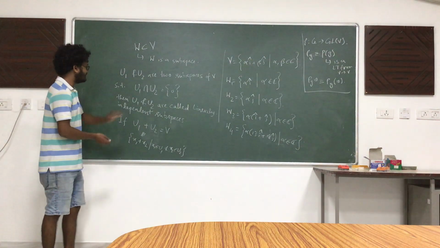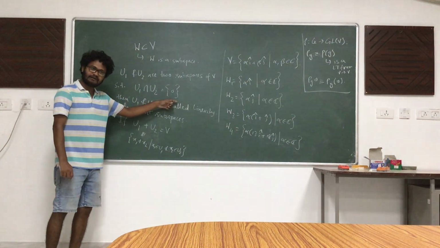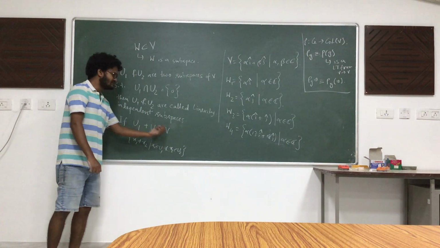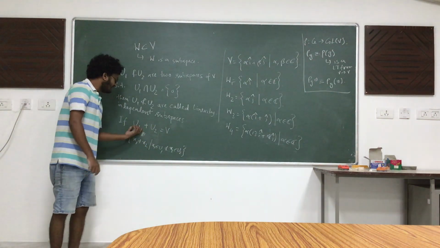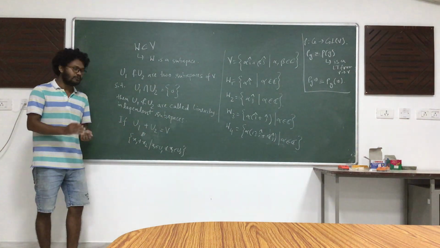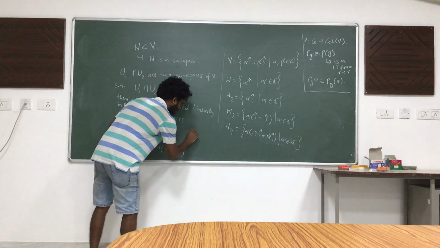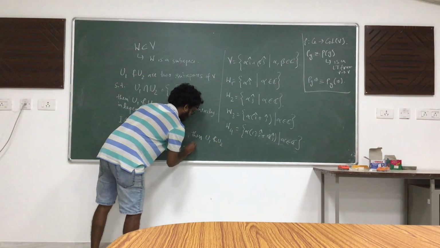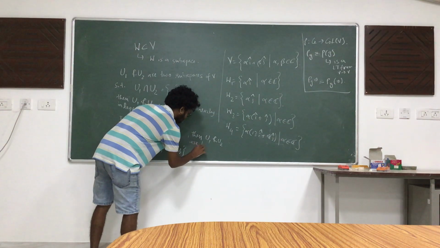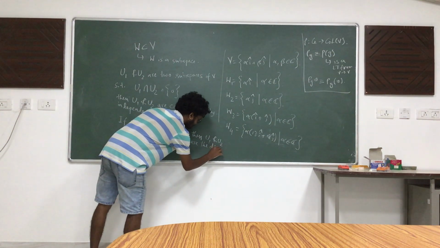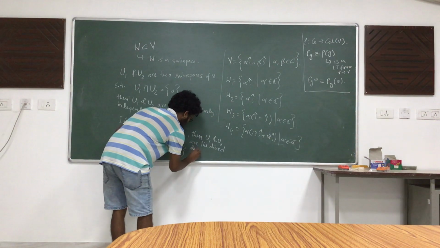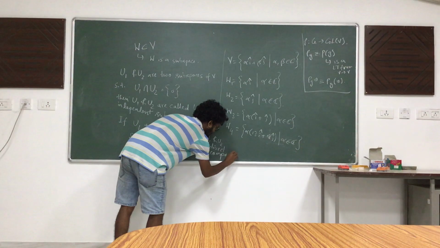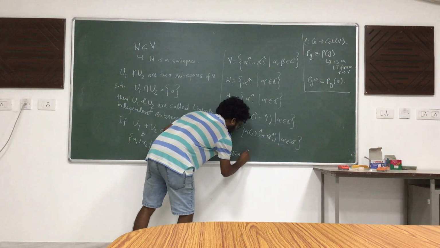If U1 and U2 are linearly independent and their union spans the whole vector space, then U1 and U2 are the direct sum decomposition of V.